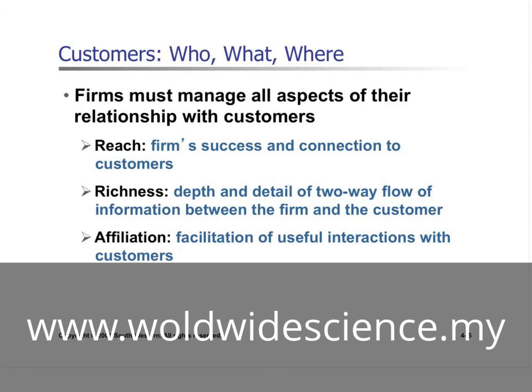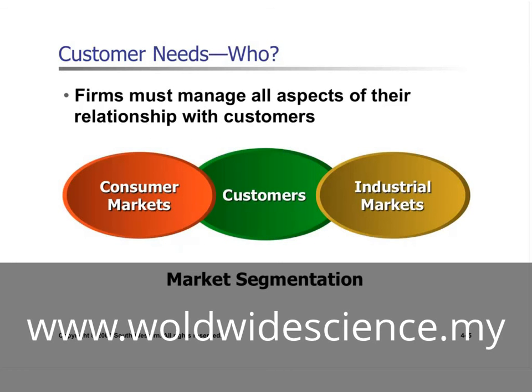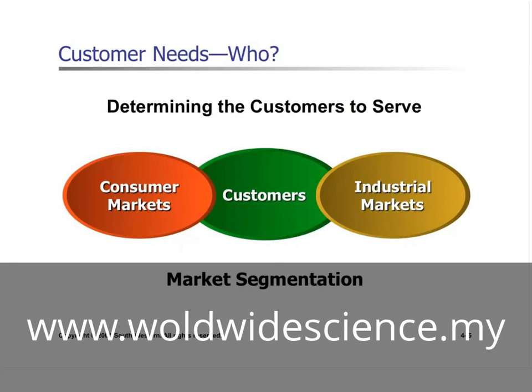This is the who part, the customer needs, and the who part, like what customers to help. Now you've got to get into market segmentation. So you want to see consumer markets, customers, or industrial markets. So when you want to go out there and tell them about your products or your company or the services you do, you've got to know exactly which segment of the market you're going to target.